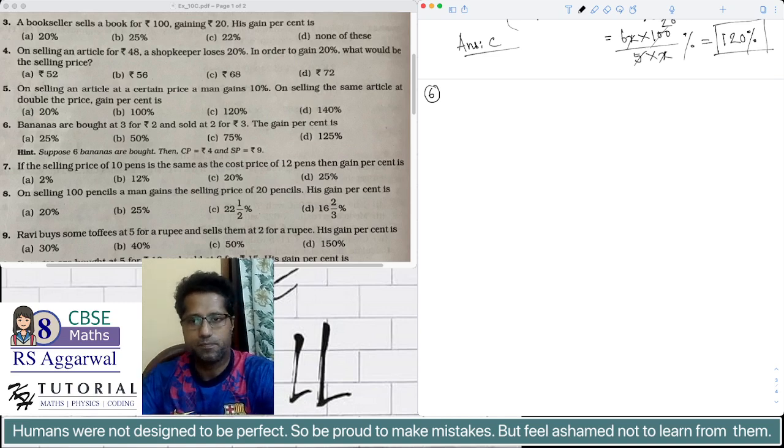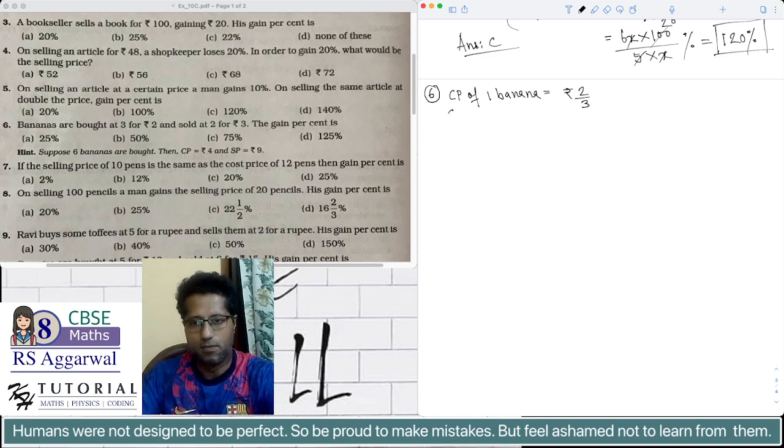Okay, so cost price of one banana will be equal to rupees 2 divided by 3, because 3 bananas cost rupees 2, so one banana will cost rupees 2 by 3.